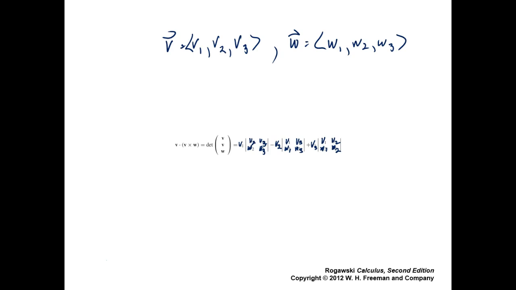Straightforward algebra. Carry it through. Multiply the things out. Basically, that's V1, V2, W3 minus V1, W2, V3 minus V2, V1, W3 plus V2, W1, V3 plus V3, W1, W2 minus V3, W1, V2.